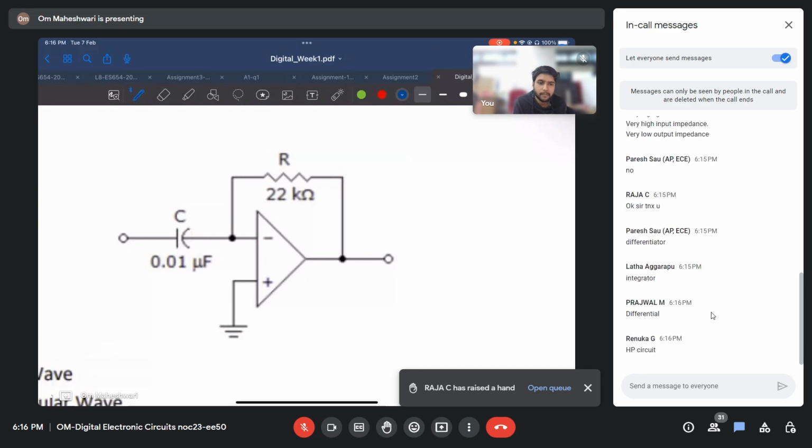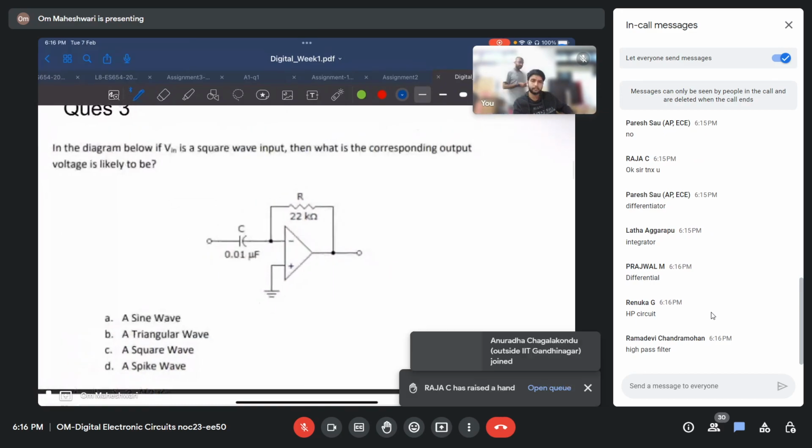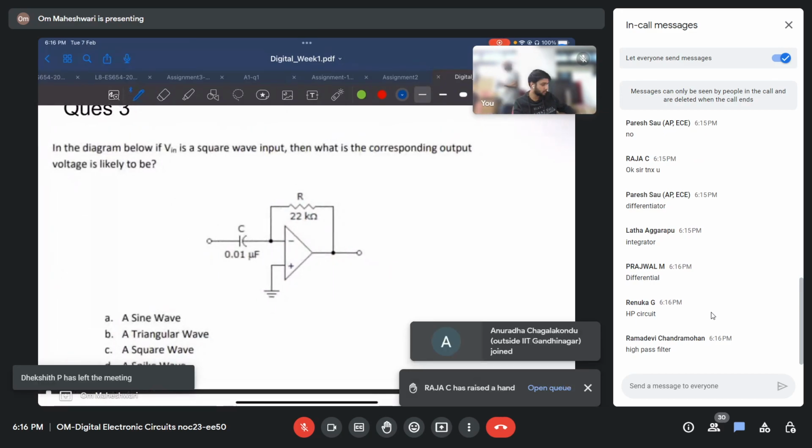Okay, high pass circuit. Good. So it is a differentiator or high pass. Both are the same thing.